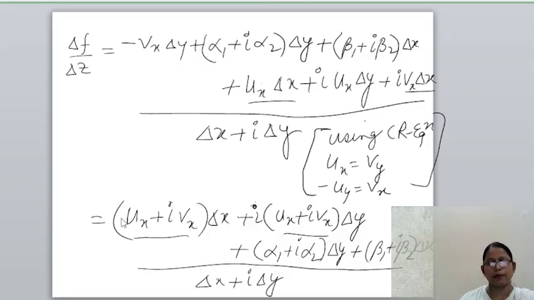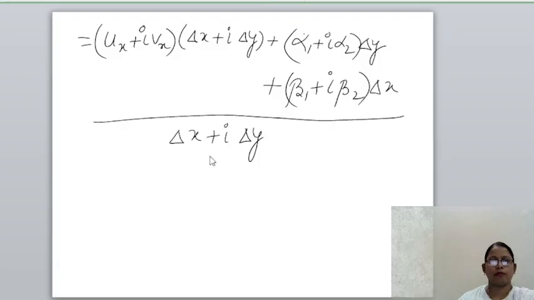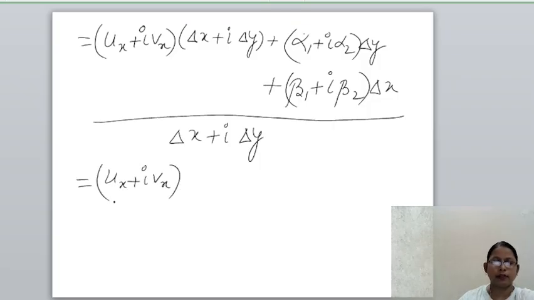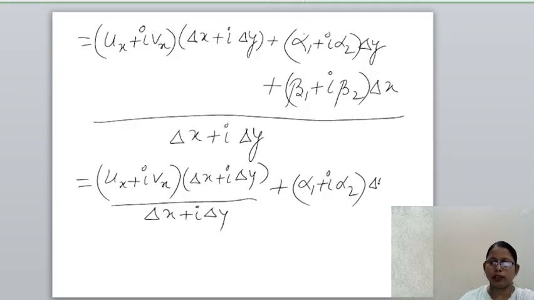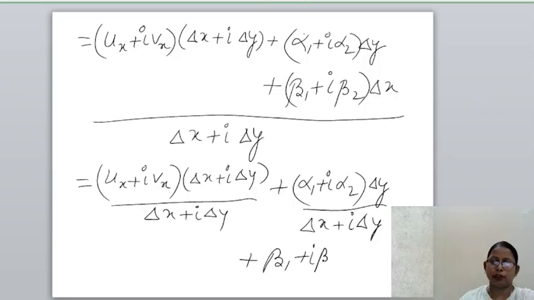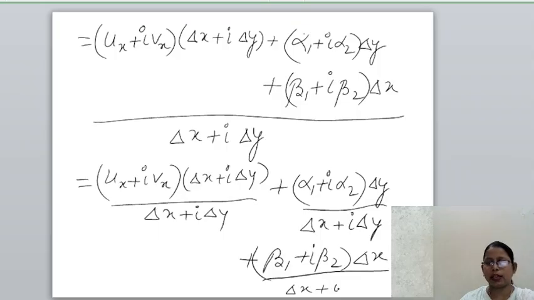Which is equal to, if I write in fraction, ux plus i vx times delta x plus i delta y divided by delta x plus i delta y, plus alpha 1 plus i alpha 2 delta y, plus beta 1 plus i beta 2 delta x, over delta x plus i delta y.